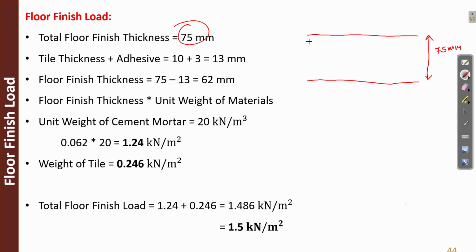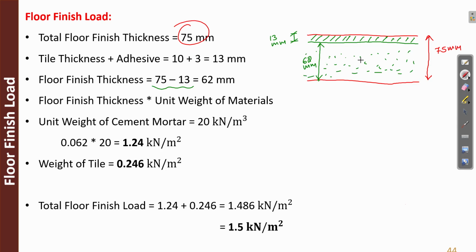So out of this total floor finish, this part is tile plus adhesive, which is 13 mm. The remaining thickness is 62 mm, which means 75 minus 13, 62 mm. So this is your sand or cement mortar.